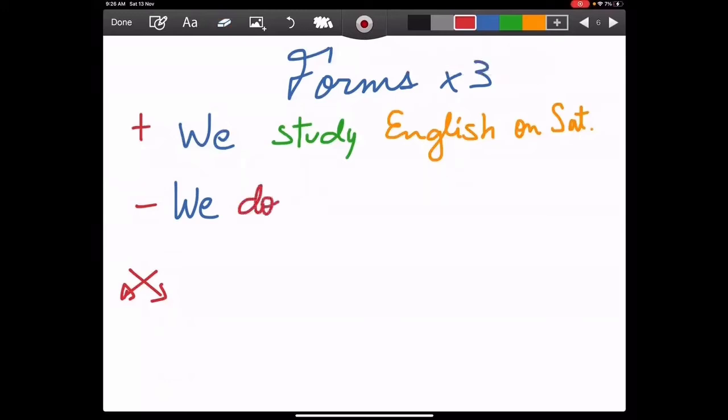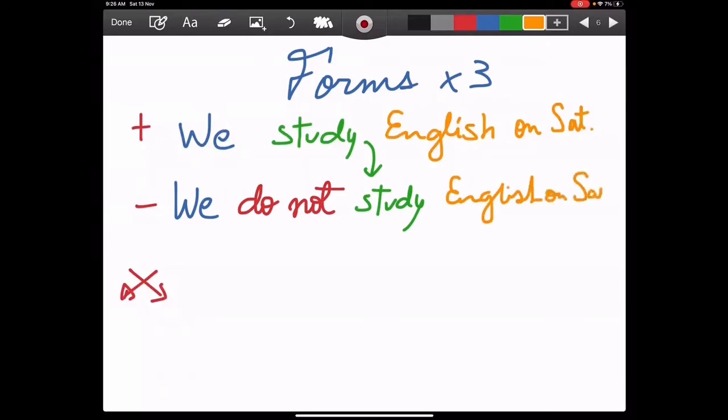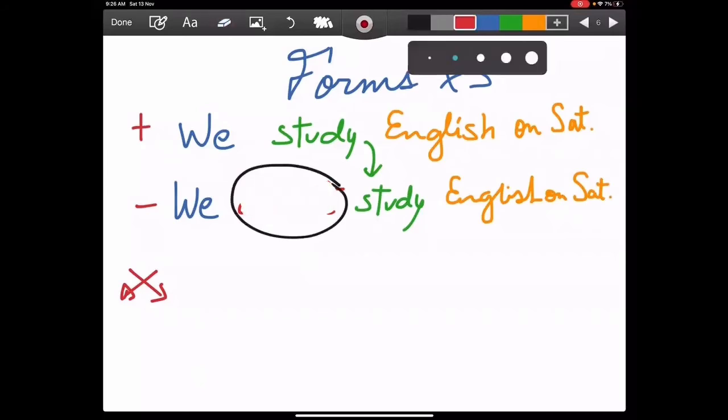We've got do not and then the verb study. So the sentence is, we do not study English on, let's say, Saturdays, for example. Remember, the negative of the verb is only formed by 2 words, or the auxiliary do and the not.